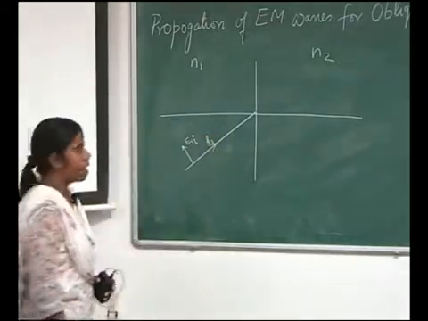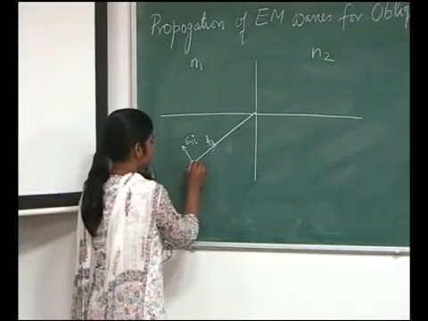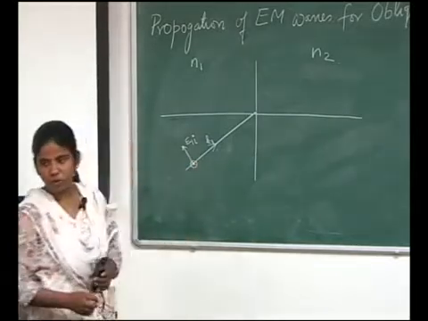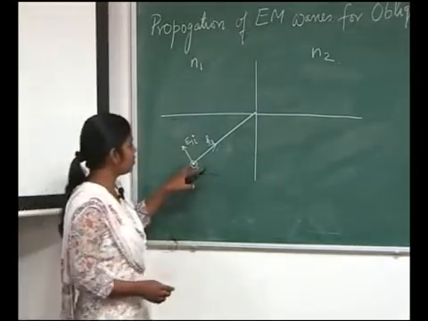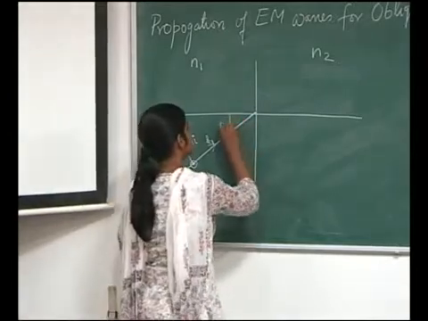I assume that the direction of magnetic field is out of the board, and this angle is theta I.